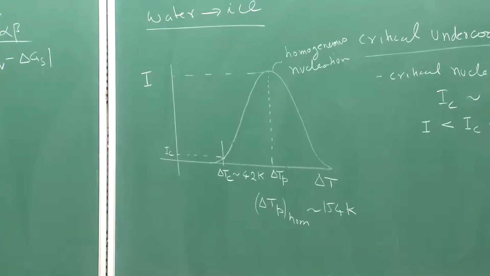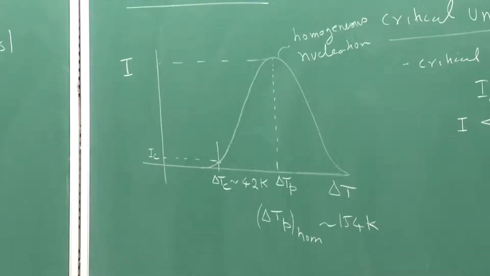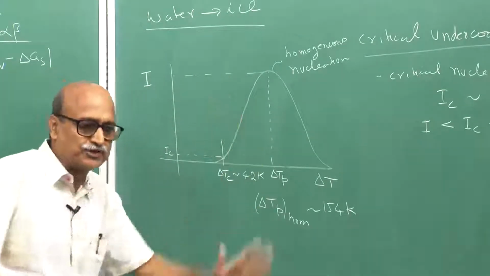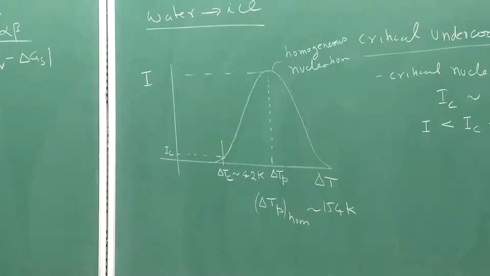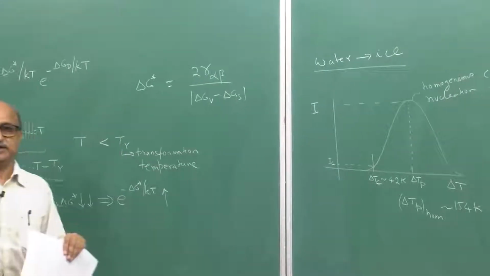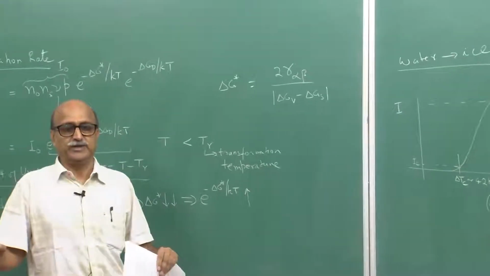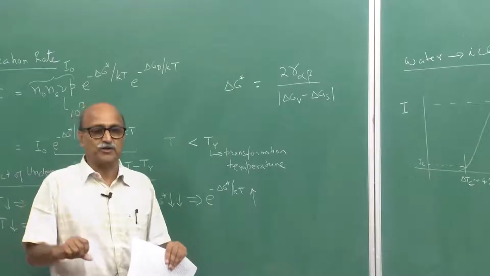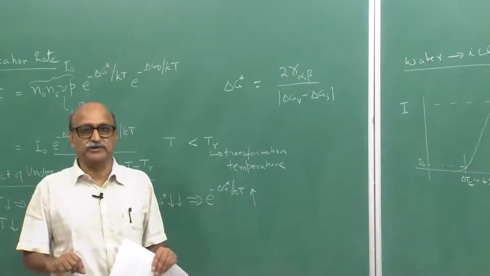Then we compared this for the heterogeneous case. In the heterogeneous case, if there are substantial amount of sites where ice can nucleate heterogeneously, then one finds that nucleation of ice can take place quite easily.